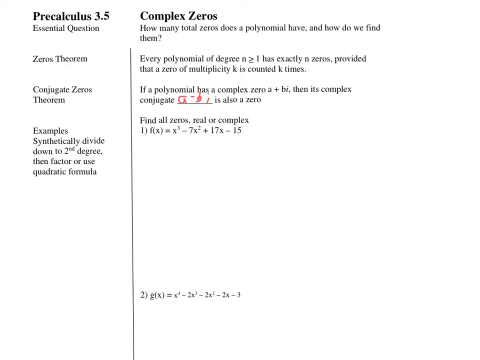You can check synthetic, or you can check grouping here, but whenever we have 4 terms, the ratio here to here is not the same as there to there, so the grouping is not going to work. So I just do my possible rational zeros, the factors of the number out back, which is 15, over the factors of the number out front. So we can try out 1 here.